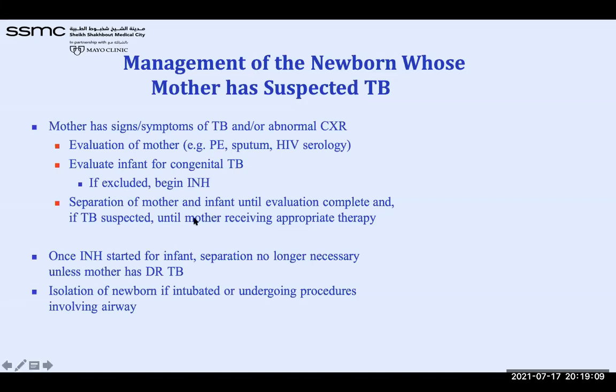Even in that period, the mother can express milk. Once INH is started for the infant, separation is no longer necessary unless the mother has direct tuberculosis or is coughing a lot and cannot maintain herself. Isolate the newborn if intubated or undergoing procedures involving the airway.